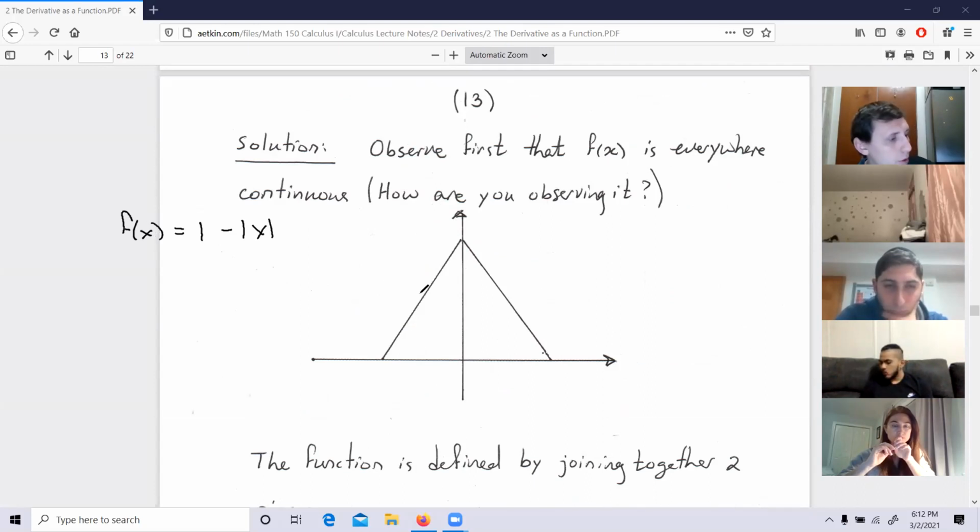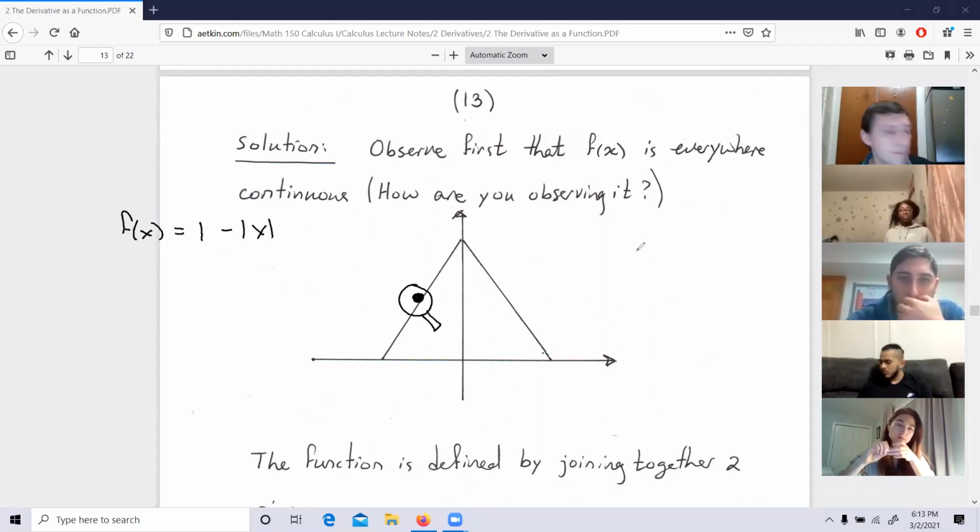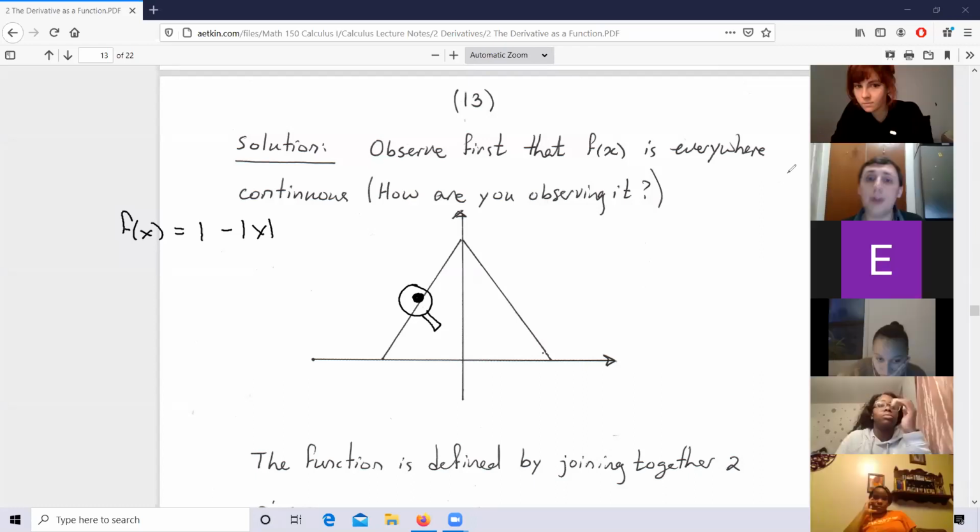Now, with your permission, would you please tell me, if I zoom in at this point, what will be my derivative? I'm asking what's the derivative at that point, and I'm asking you to tell me without carrying out any significant calculations. Okay, wonderful. Alexandra, you see that?